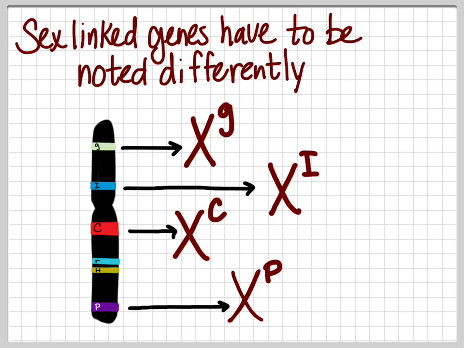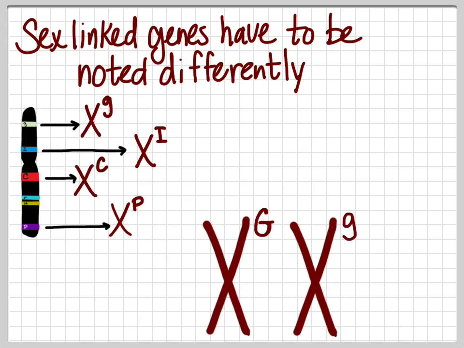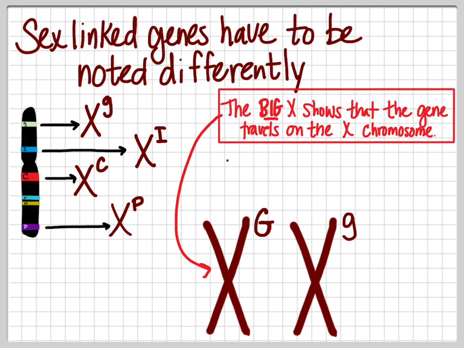So sex-linked genes actually have to be noted differently. Here I've got our sample X chromosome, and I've written down the names of some of the genes that we saw on it. When we write a sex-linked gene, we write an X with a superscripted letter for the gene itself.